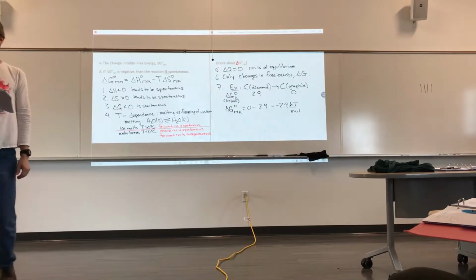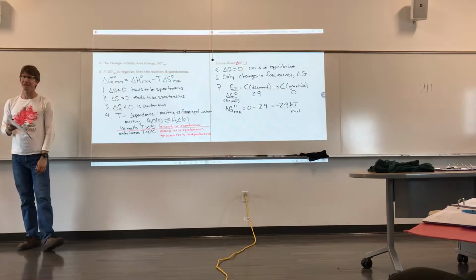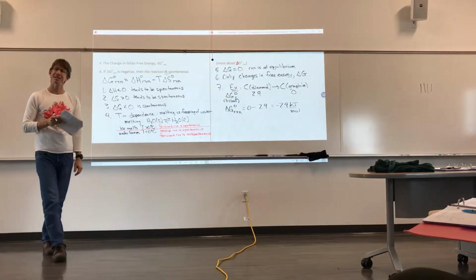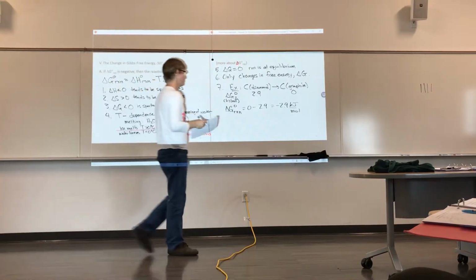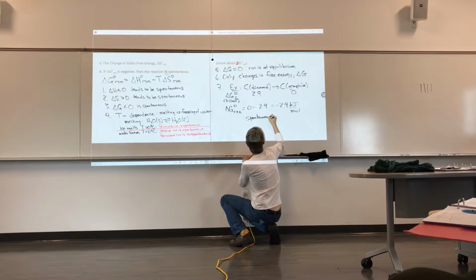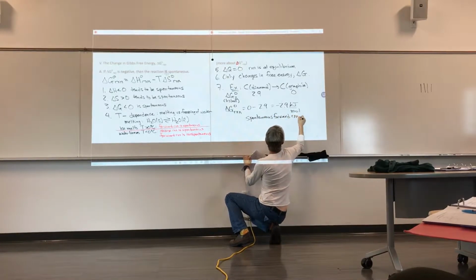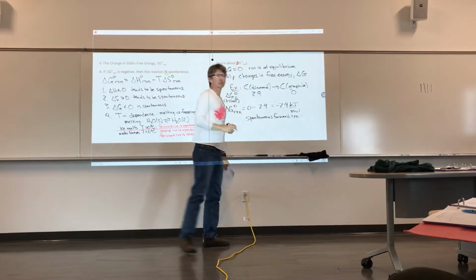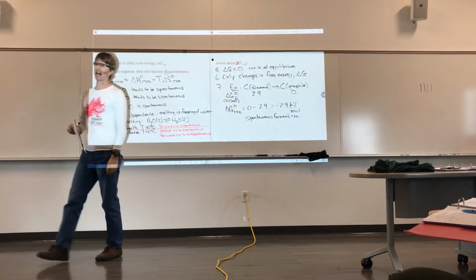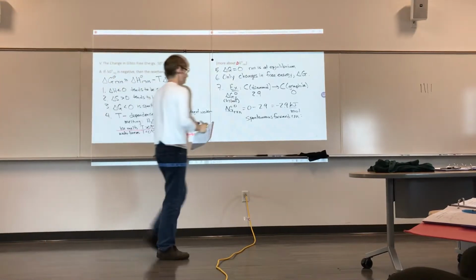My question for you would then be, is the reaction turning diamond into graphite a spontaneous process? It is, and that is true. So, spontaneous forward. And our conclusion is that diamond will spontaneously form into graphite, or react to form graphite.